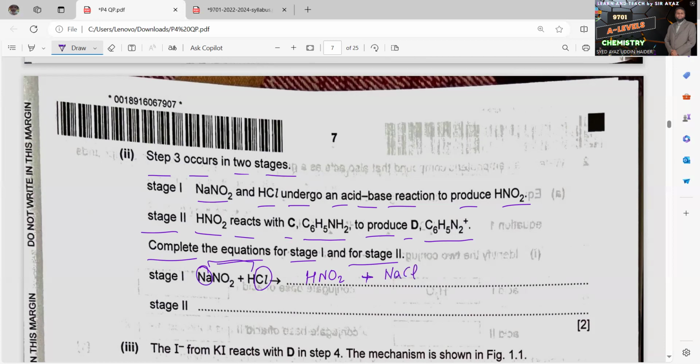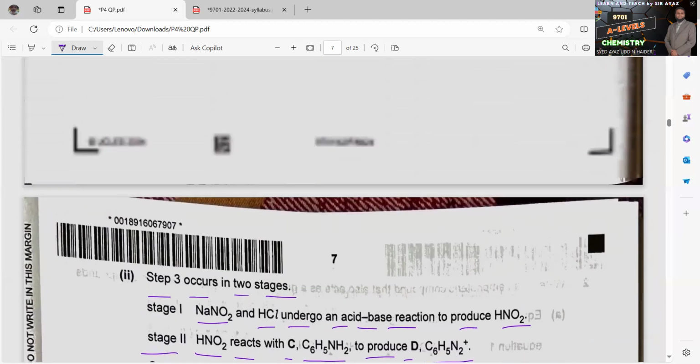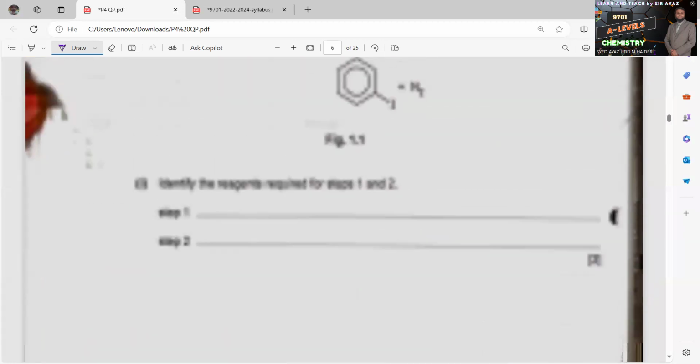For reaction 2, this reaction is between HNO2 and C6H5NH2. HNO2 plus C6H5NH2. C to D. Look at this. Where is C and D?